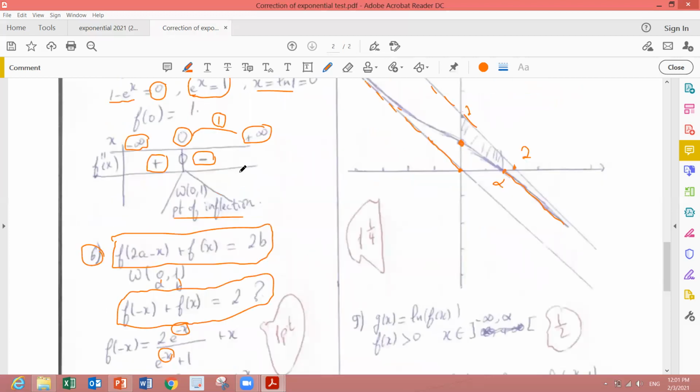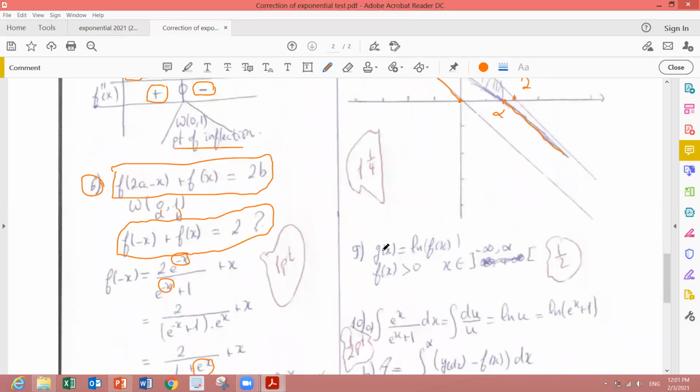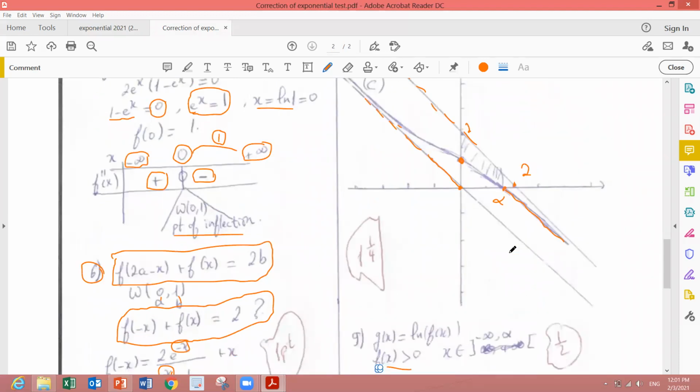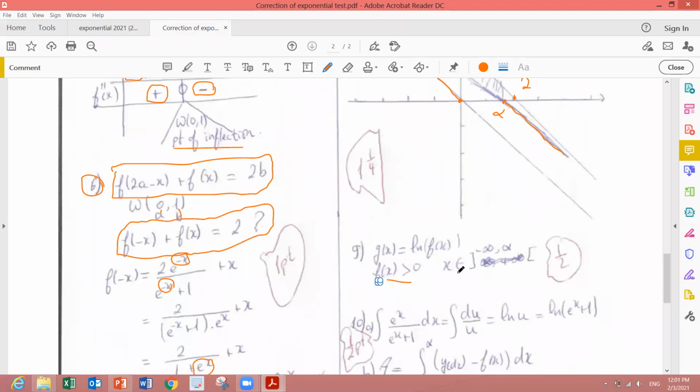So f(x) should be positive. Graphically, f(x) is positive from minus infinity to alpha. X belongs to minus infinity, alpha.